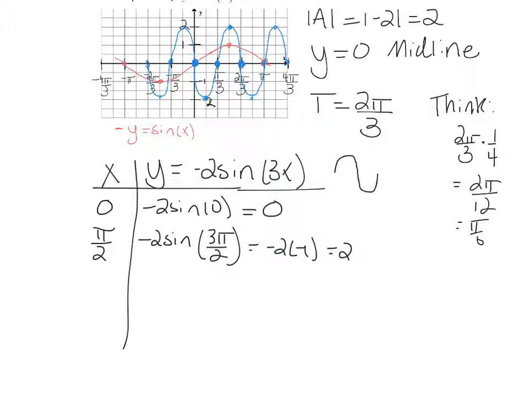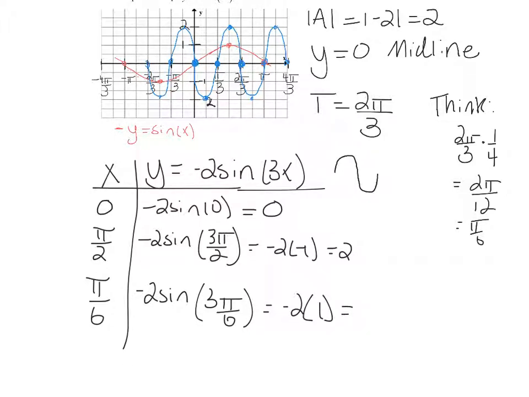So this 3x actually compresses my function horizontally, so I'm going to try even smaller x values, like pi over 6. Because if I put this into 3x, now I have 3 times pi over 6, so -2 times sine of pi over 2. Sine of pi over 2 is 1, and so I get -2.